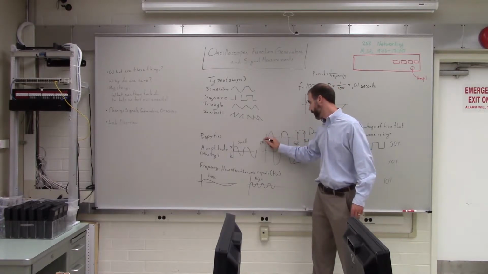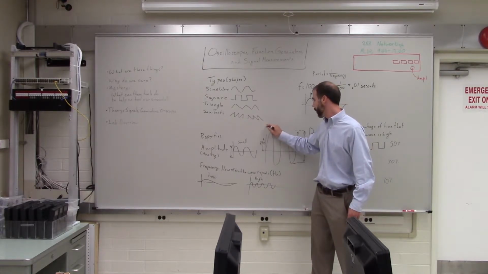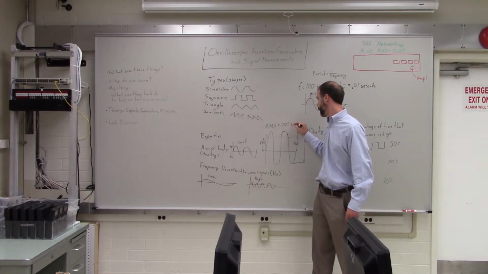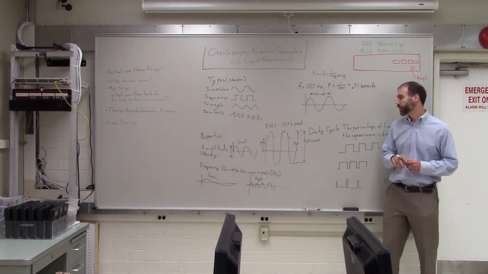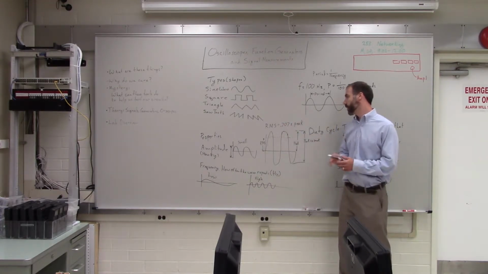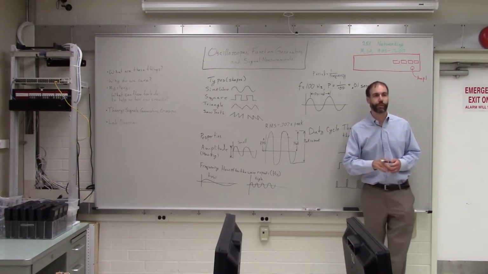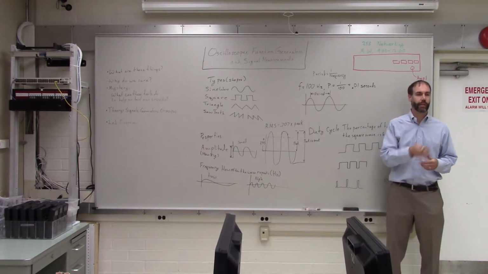So for a sine wave, RMS equals 0.707 times the peak amplitude. Okay? So if your peak amplitude was 10 volts on a sine wave, what would your RMS amplitude be? 7.07. Yeah, 7.07, exactly.